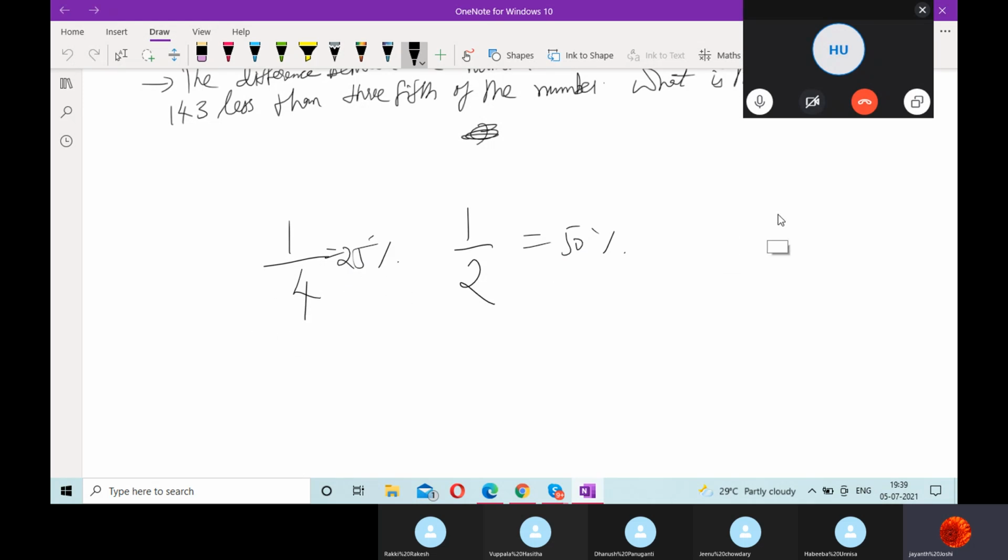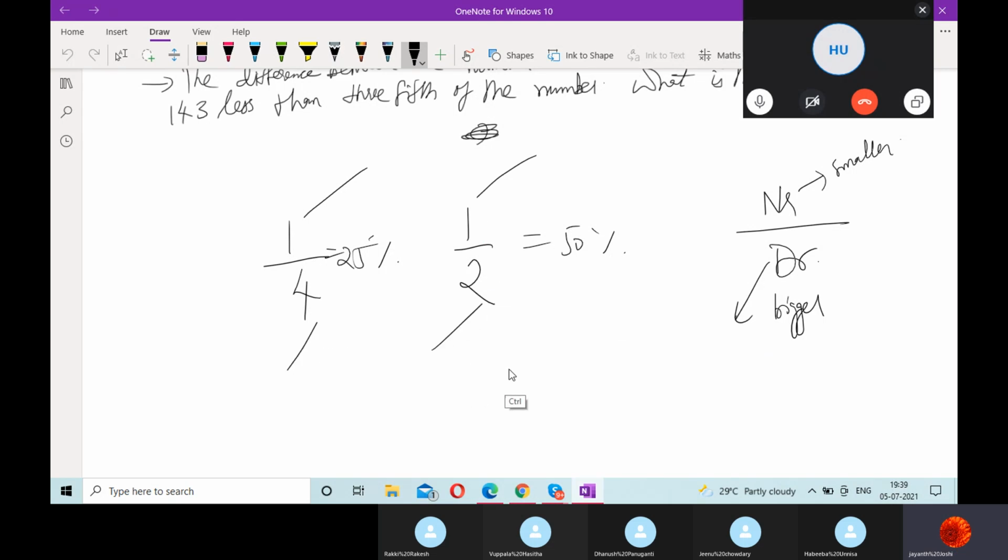So how about the numerator and denominator comparison? In both the cases, the numerator is smaller and the denominator is bigger. But when we compare these two ratios, the one with the smaller denominator has the bigger percentage.